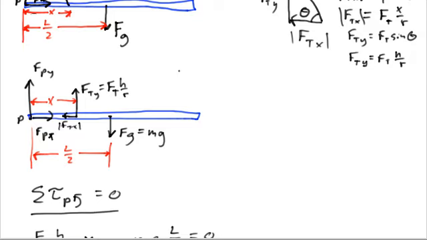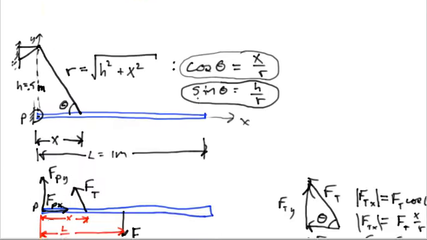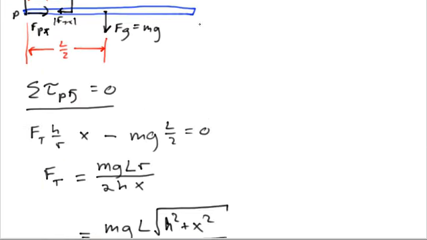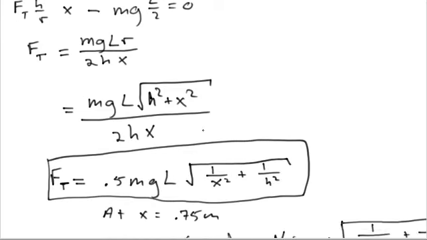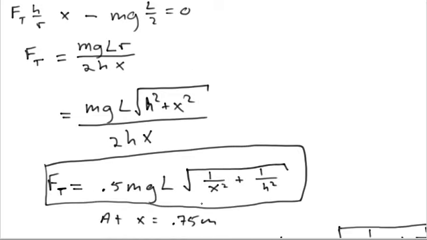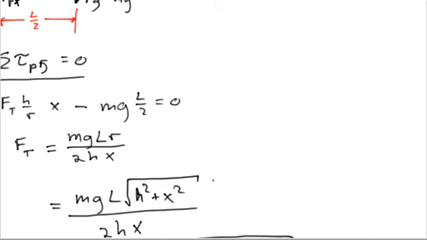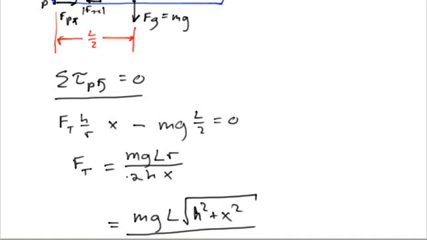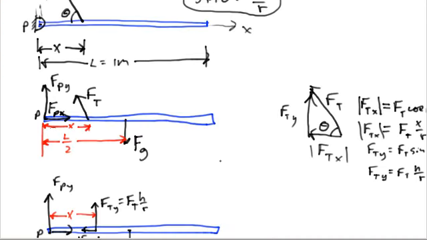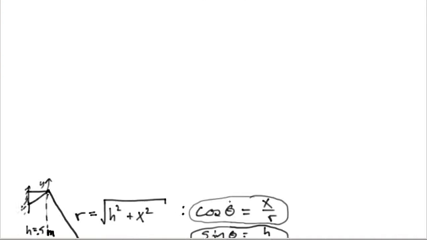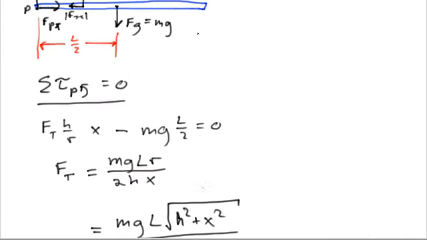Alright, complete algebraic solution. Sure enough, I've solved it for FT. I chose to do back substitution. Could have left it like this, and then R would have been something that was calculated inside. I chose not to do that.